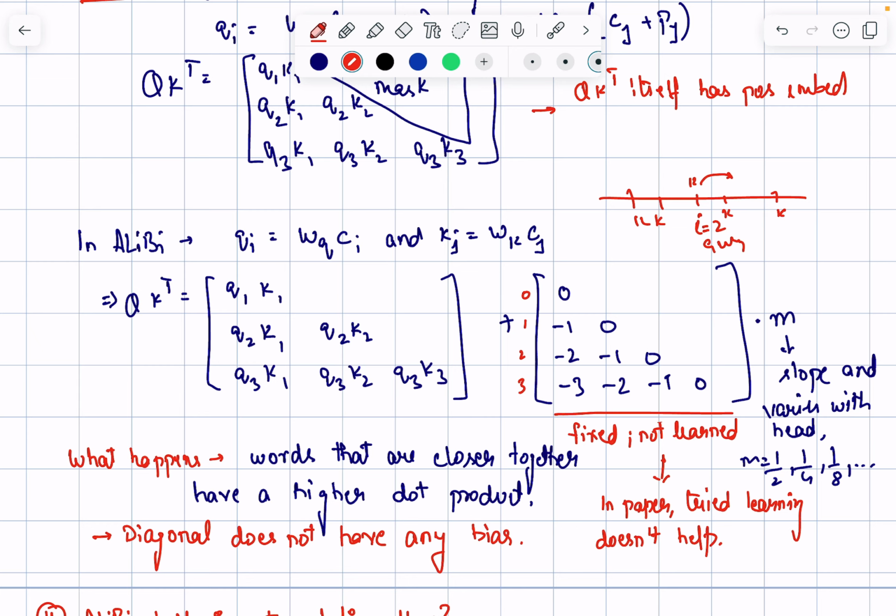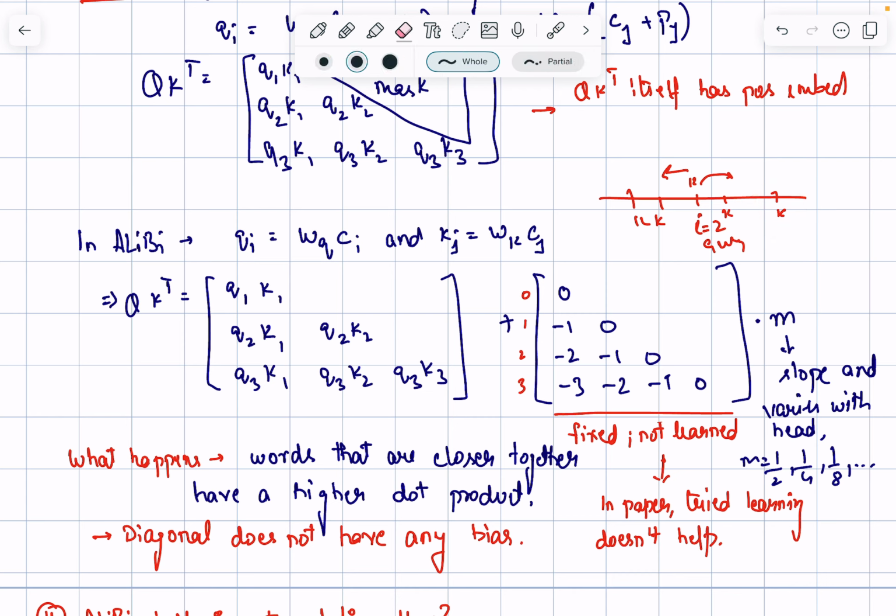But in the case of others, you continue to decay it as you move away. For example, if the position of i is equal to 2, then for j equal to 0 it would be -2, and for j equal to 4 it would be +2.